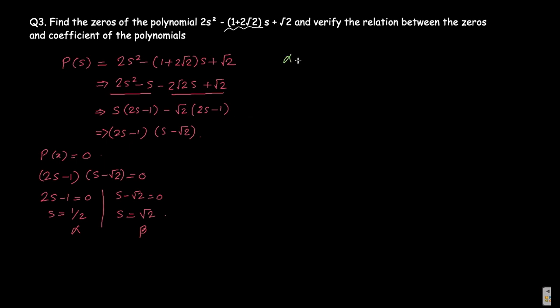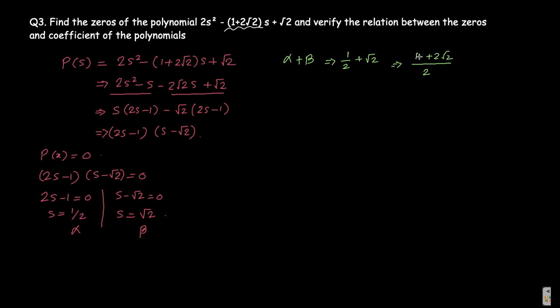Alpha plus beta is 1 by 2 plus root 2, that is, 1 plus 2 root 2 by 2, sorry for the mistake.